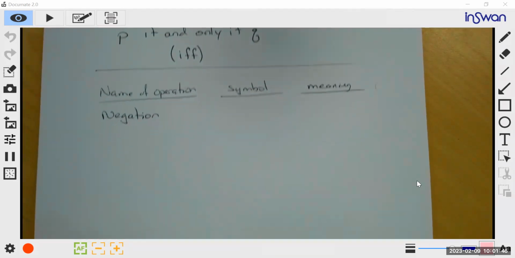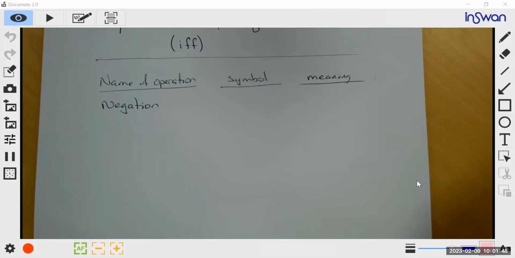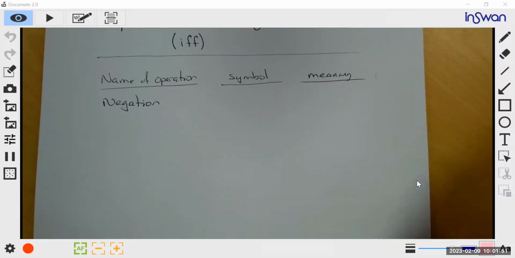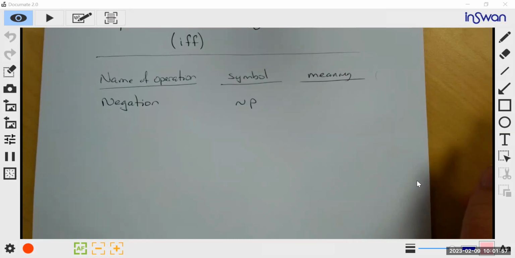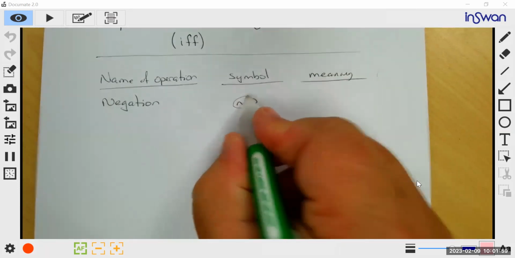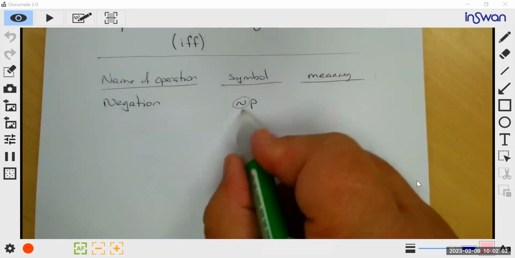So we have negation. We're going to summarize a lot of the stuff we've done so far. So negation, what does negation look like? That means negation. How would you read that?